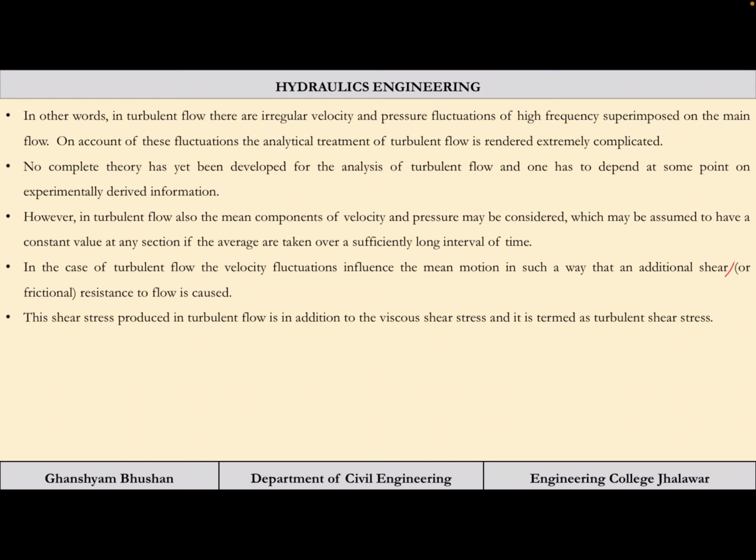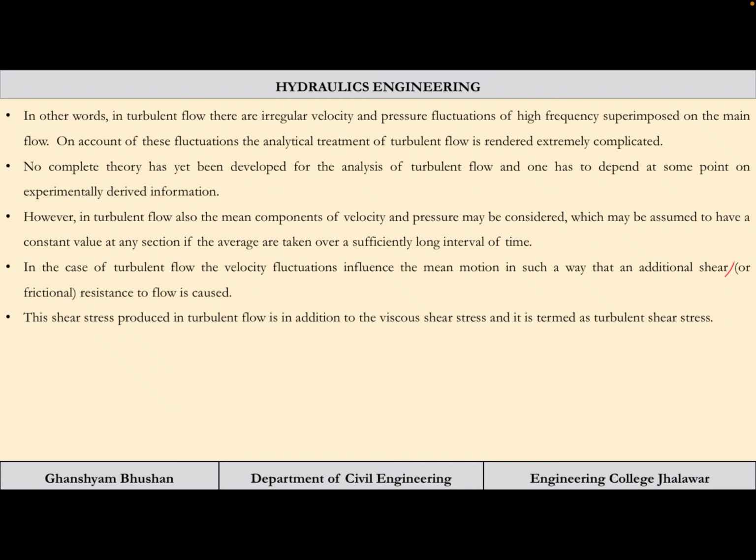However, in turbulent flow also the mean components of velocity and pressure may be considered, which may be assumed to have a constant value at any section if the averages are taken over a sufficiently long interval of time. We are not discussing this analysis in detail; we have to assume some values and do the analysis.